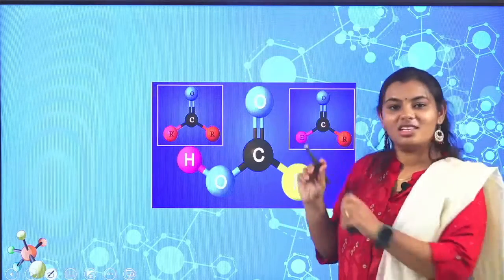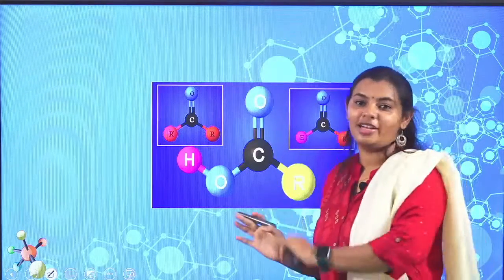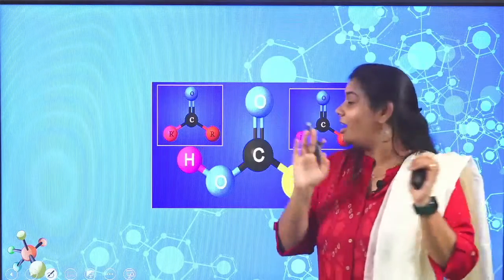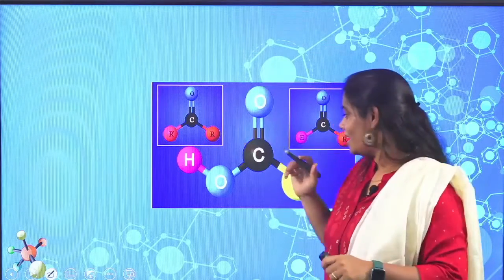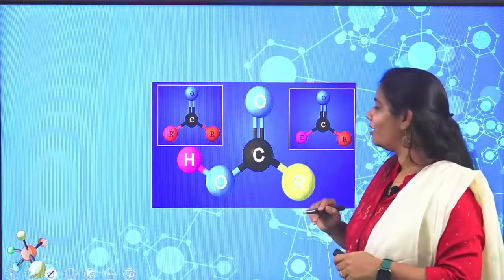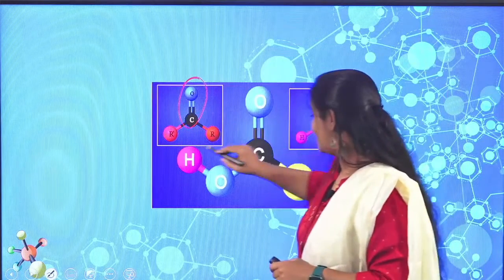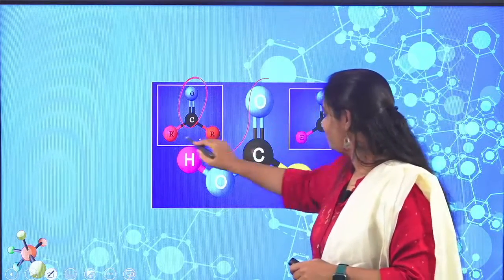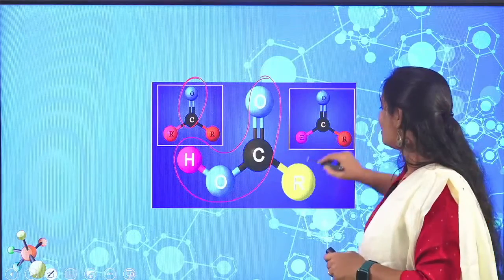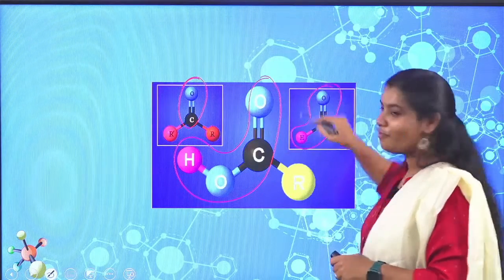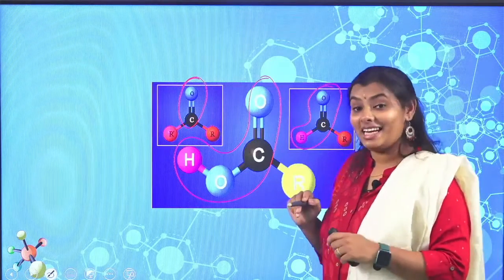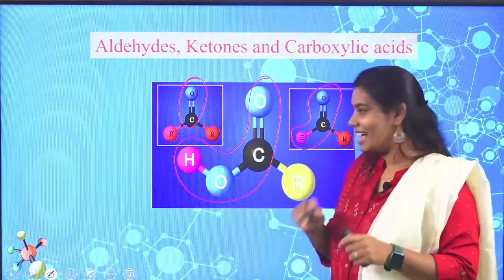The next one, this also is very easy for you, because in your 10th you already studied about the functional groups, right? So which is this particular chapter? You have this as your functional group, this as your functional group, and this as your functional group. So which is this? Aldehydes, ketones and carboxylic acids, right?